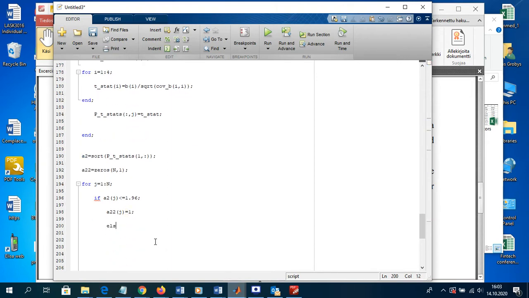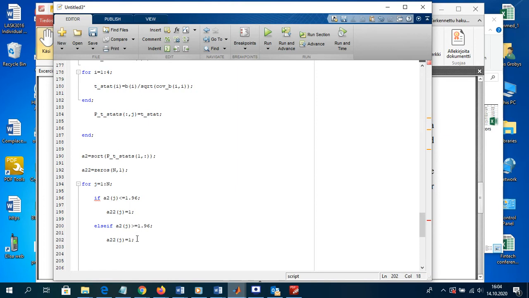Or else, if the element j in vector A2 is larger or equal to 1.96, which is the critical value of the upper part of the normal distribution, then we want to have also a 1 in entry j of the A22 vector.